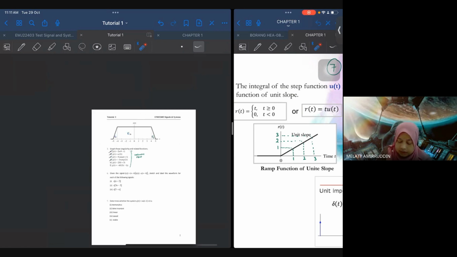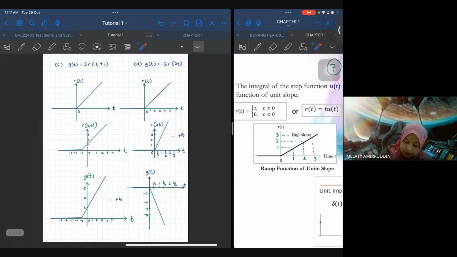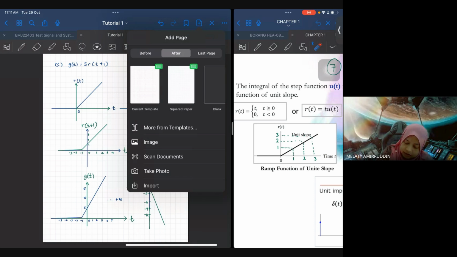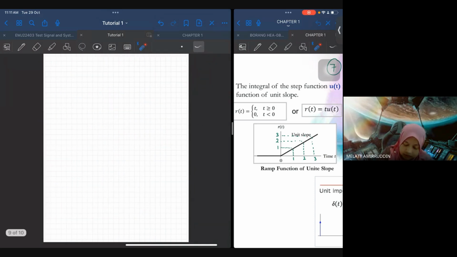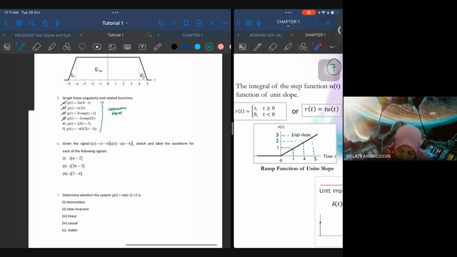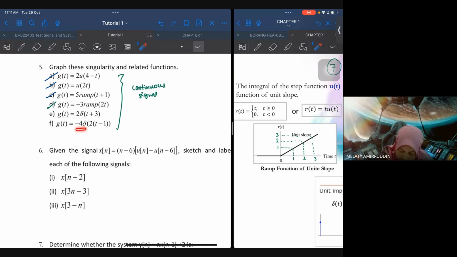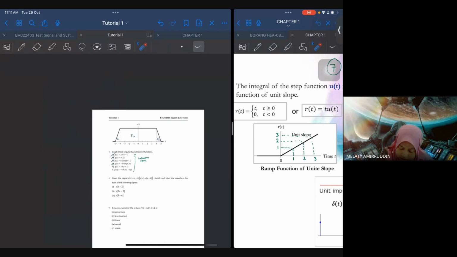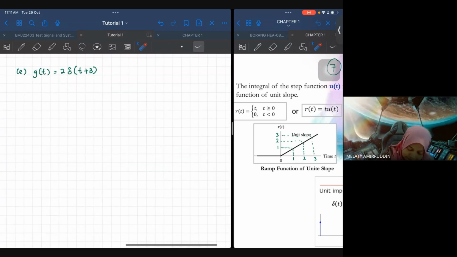GT equals 2 impulse T plus 3. Then negative 4 impulse 2T. F.